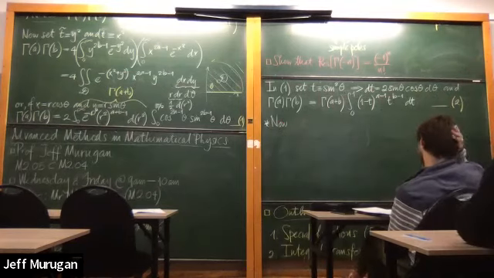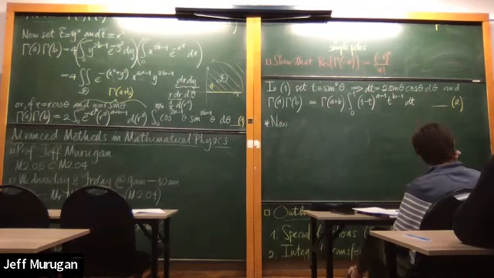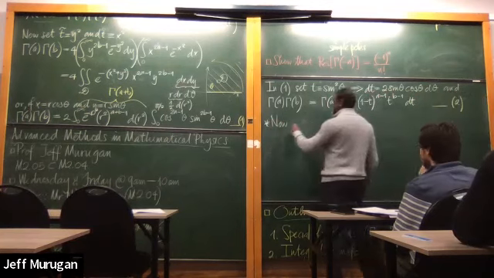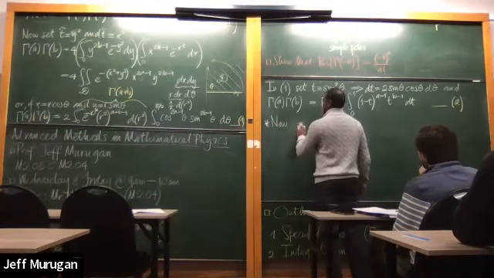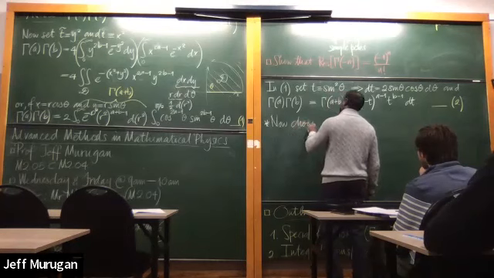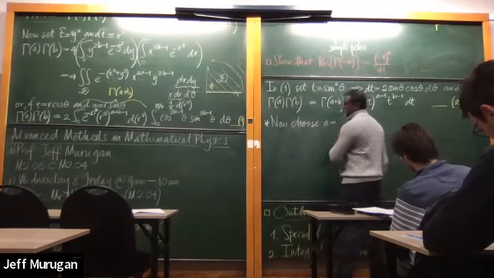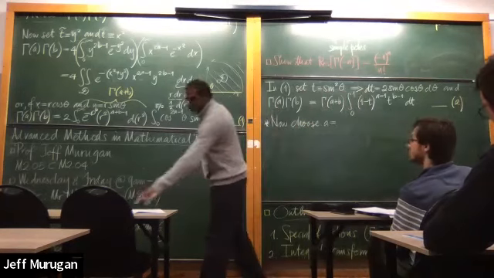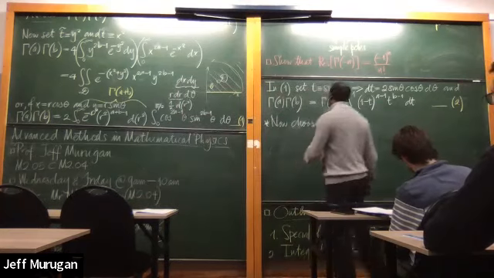They can be whatever I want, as long as they satisfy the constraints that I need for the integral to converge. So now I'm going to make some choices: I'm going to choose A equal to 1 minus Z and B equal to Z.